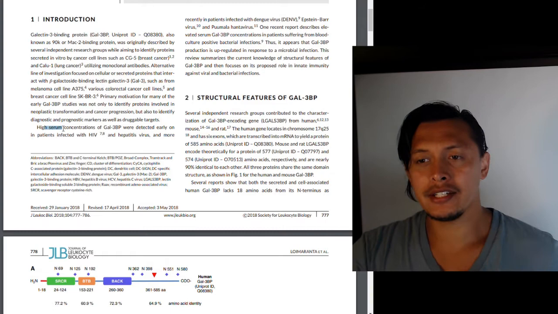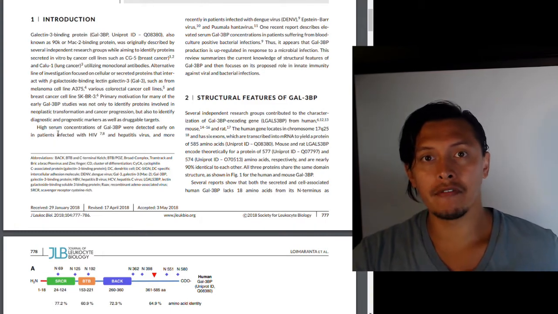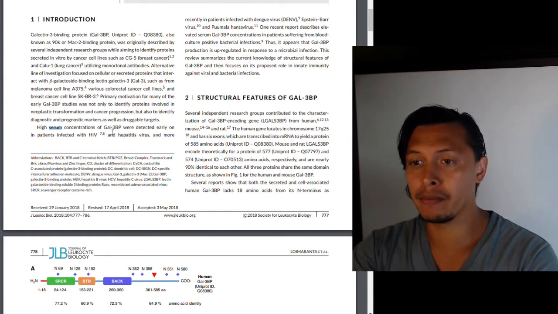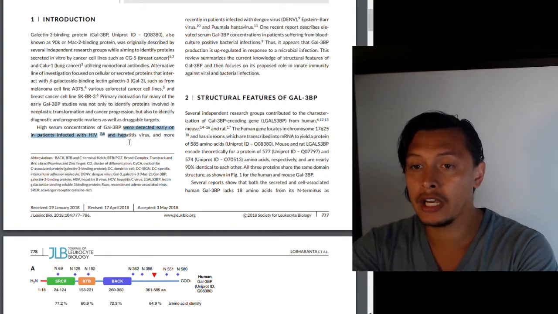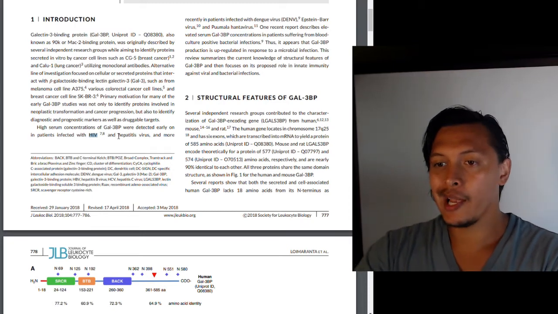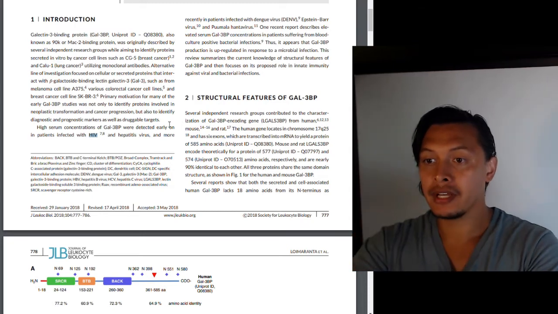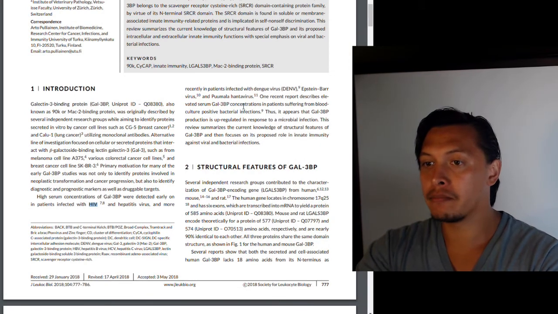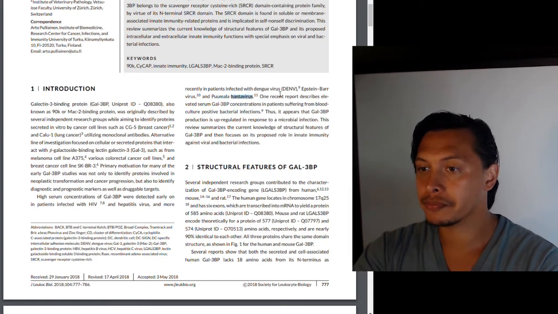So high serum concentration, so serum of the blood serum. The high serum concentrations of Gal3 binding protein were detected early on in patients infected with HIV and hepatitis virus, and more recently, patients infected with dengue virus, Epstein-Barr virus, and Puumala hantavirus.